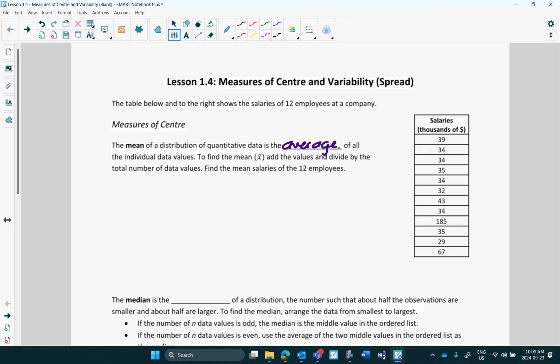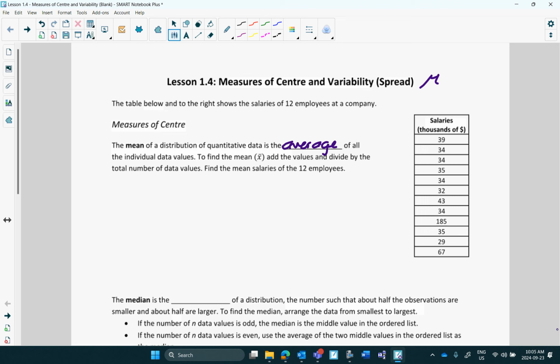We give a certain notation to the mean, and it depends; we'll talk more about this in detail later. If we are talking about a population mean, we would use the Greek letter mu. If we are talking just about a sample of the population, we use X bar.